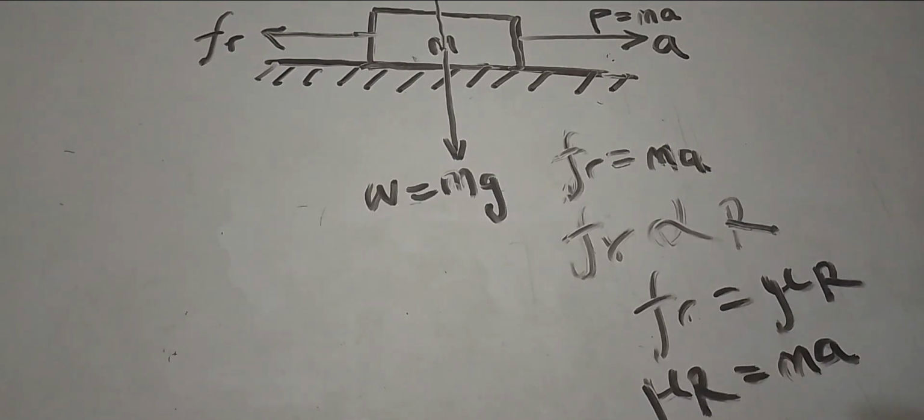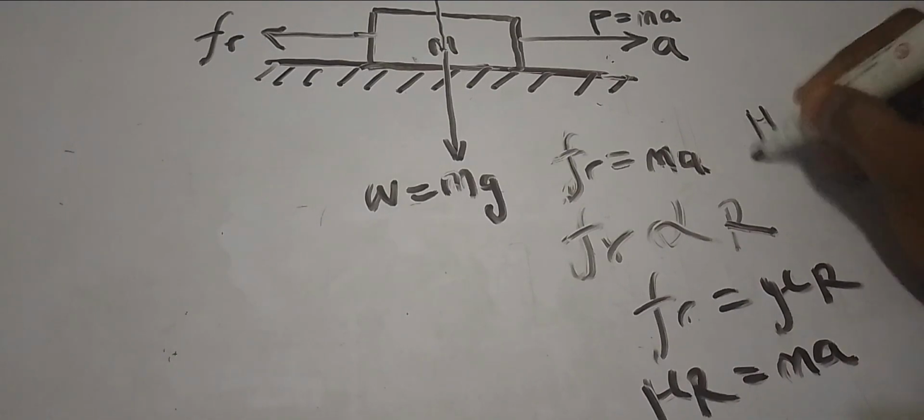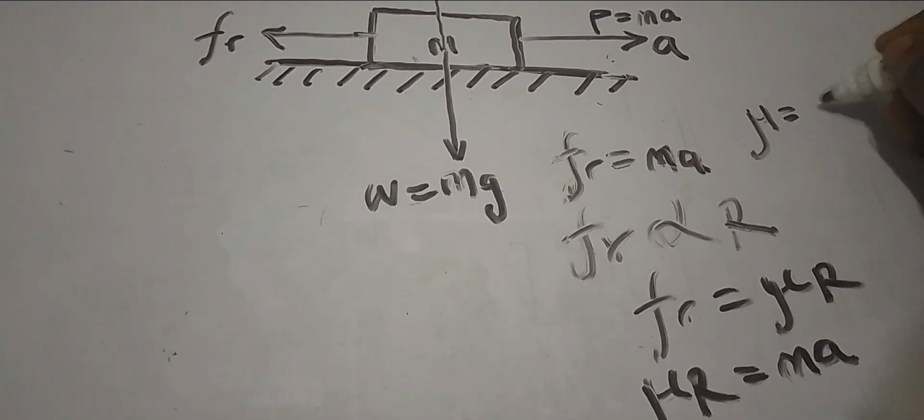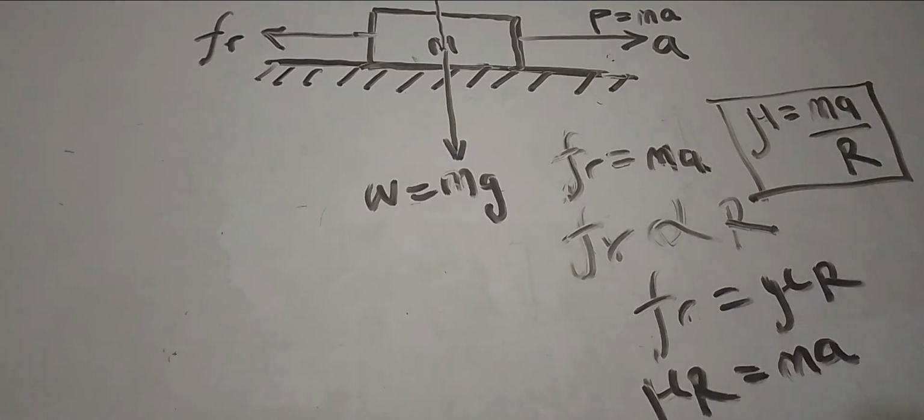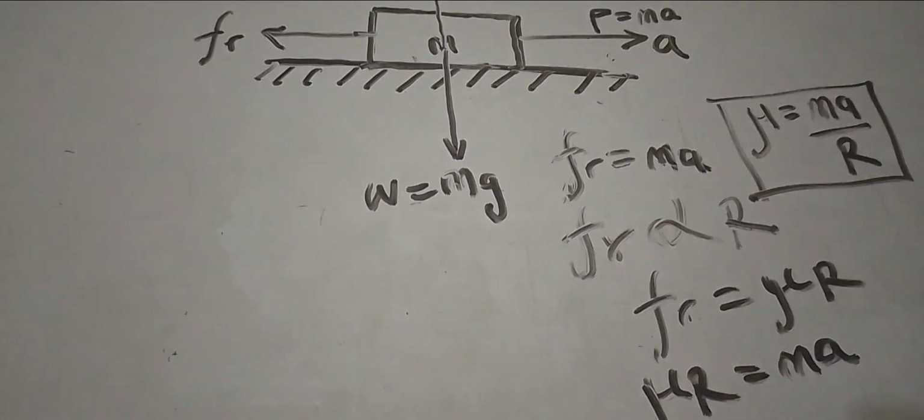So let's make mu the subject of the formula. Then mu is going to be ma over R. So this is how we have the force equation experienced by a body on a horizontal surface. When a body is accelerating on a horizontal surface, the coefficient of friction is ma over R. Recall that R is mg.